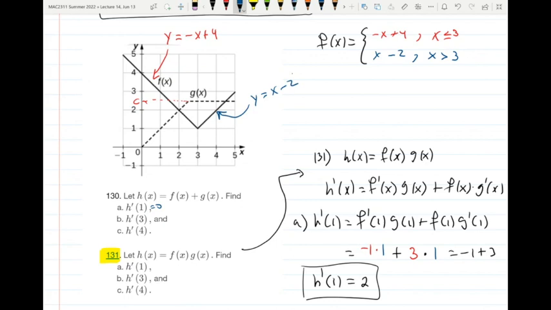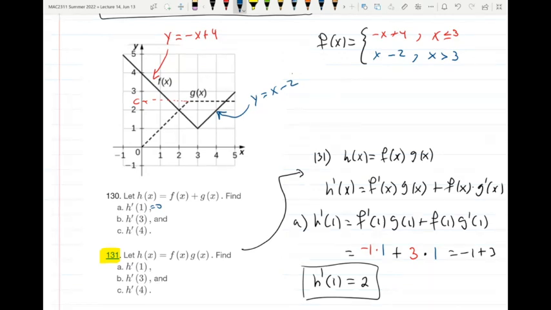How about h prime of 3? You have to go through the same thing that we did before. But if you think about it, now that you know more, this looks like an absolute value, right? So around 3, when you find the derivative, the function is going to give you different slopes. To the left of 3, you're getting a slope of negative 1. Look at the graph. And to the right of 3, you're getting a slope of 1. Yes?